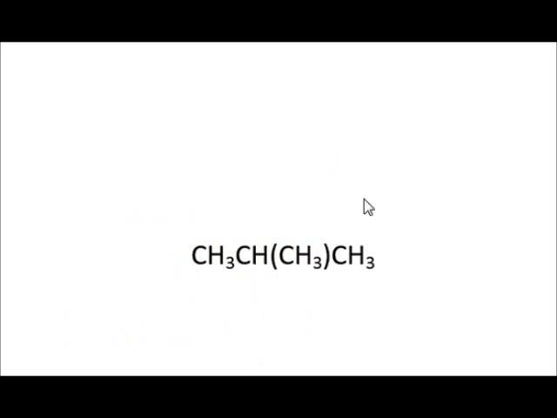In this example, we've got a structural formula rather than a displayed or a skeletal formula. Now, I always find it easier when naming these sorts of compounds to draw them out as a displayed formula before we name them. So this CH3 here tells us that we've got a C with 3 hydrogens attached.